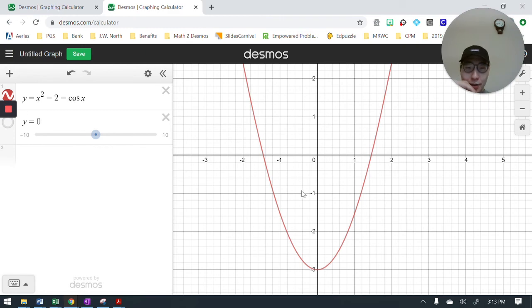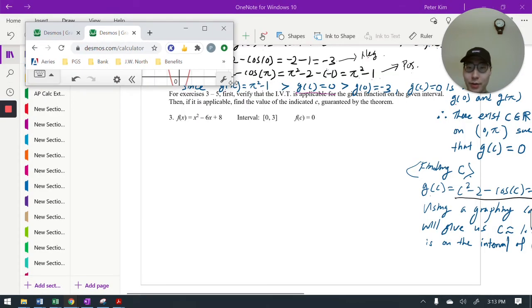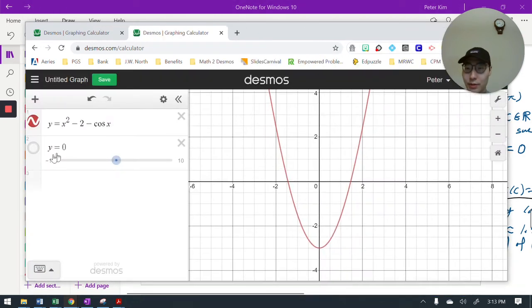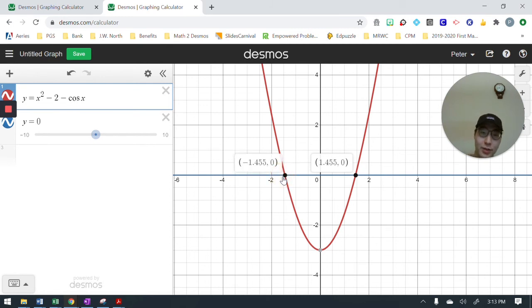Okay, so you have a symmetric function over the y-axis. And if I want to see when y equals 0, let me move this guy. So I do that, y equals 0, and then let's see what happens. Do you see those two solutions? That gives me a y value equal to 0. So this is another solution, but right now our interval is limited to 0 to pi.